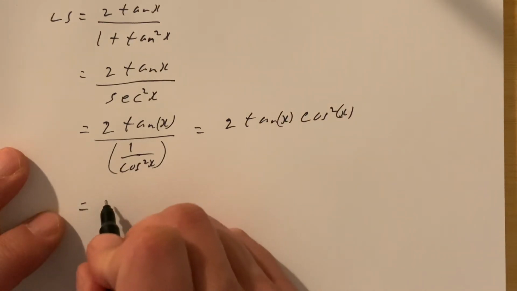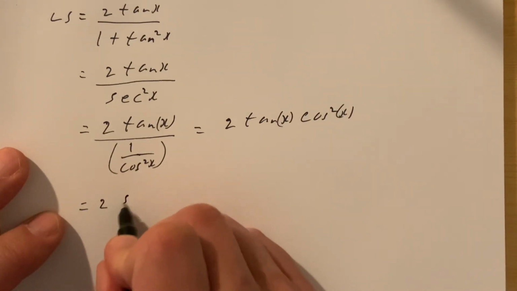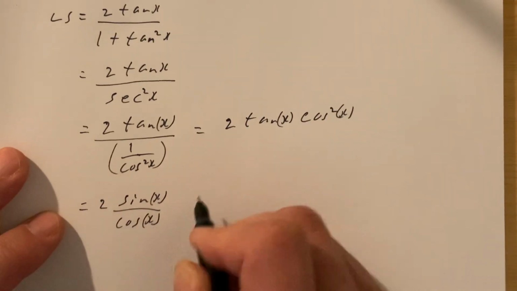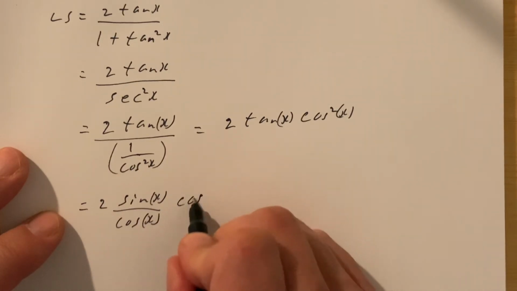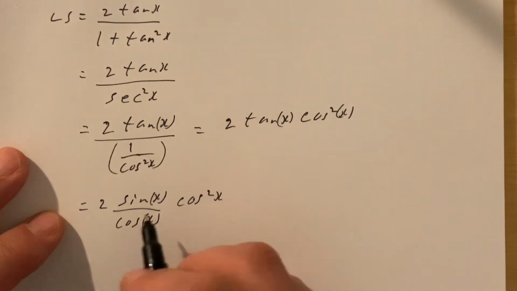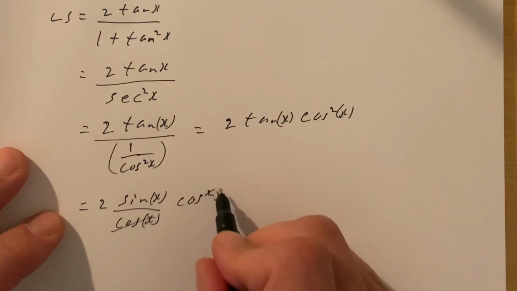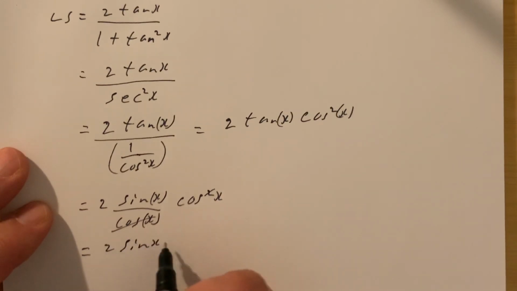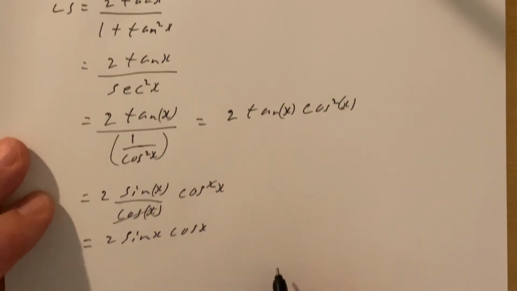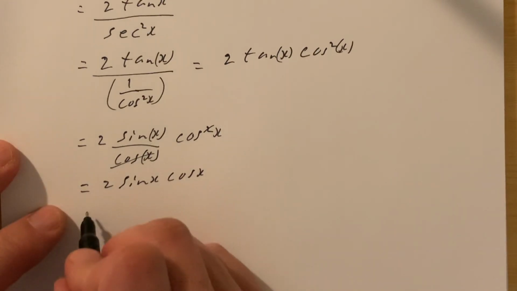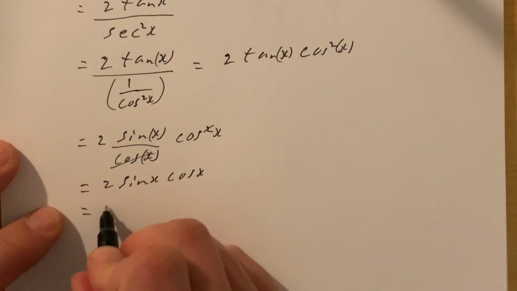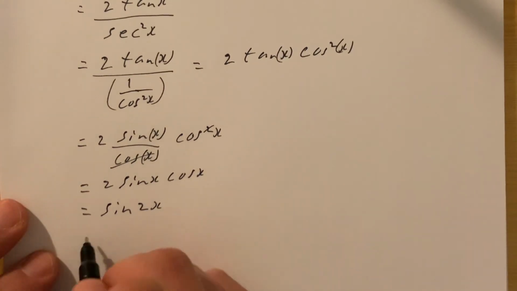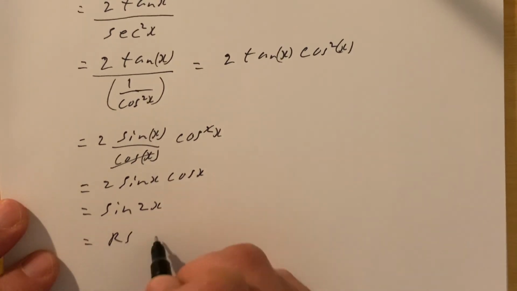Tan is sine over cos. So 2 times sine x over cos x times cos squared x. This cancels out with one of those. 2 sine x cos x. And this is our double angle formula for sine, which equals sine 2x, which equals the right side.